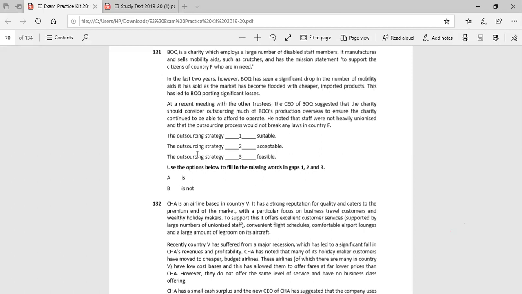Two of you have given one is A. Is it A?